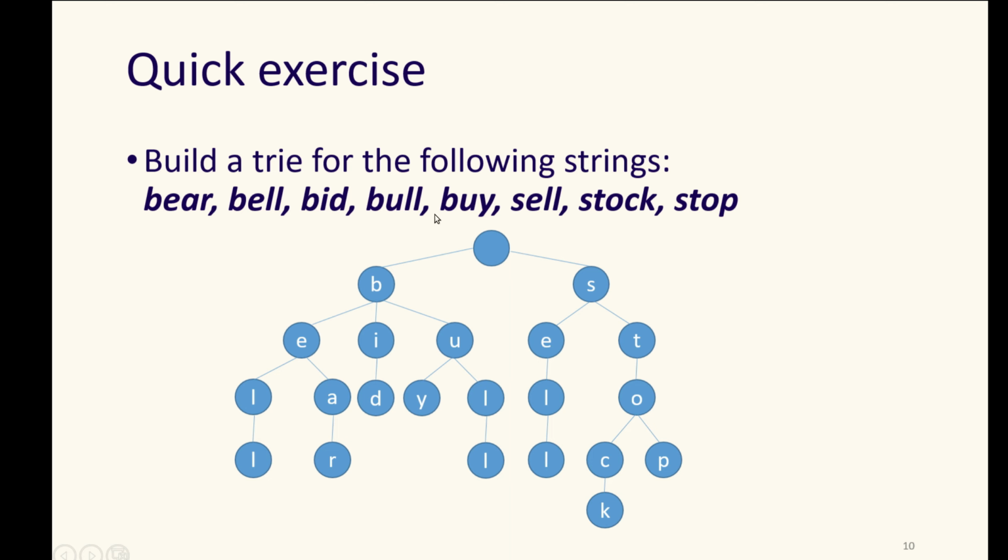As we saw Bell, we would see we didn't need to build the B or the E. We would just build nodes for L and L underneath that. Now we have two words represented. Similarly, bid gives us the I and the D under B. And we just build these new subtrees as we need to for nodes that don't already have a representation in our trie there.